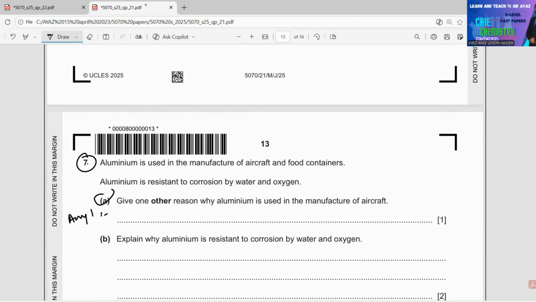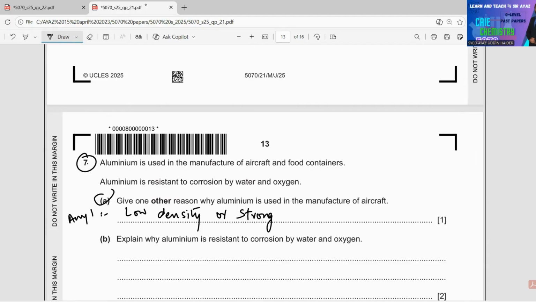You can either write low density, that it's lighter, or strong. The reason is that if you say it has low density or lighter, it means it needs less fuel. For strong, aircraft need to withstand large force during flight.